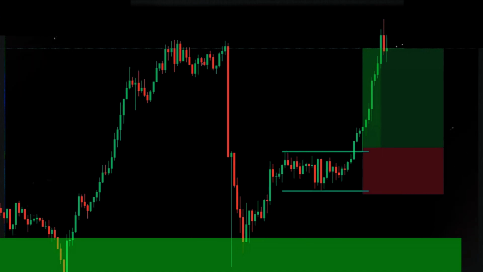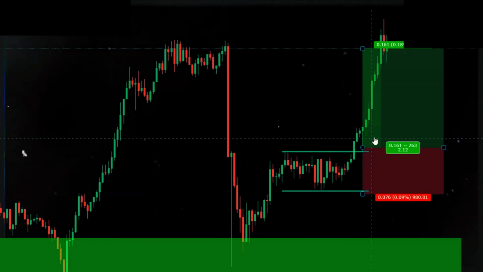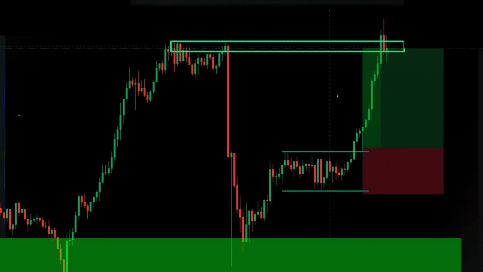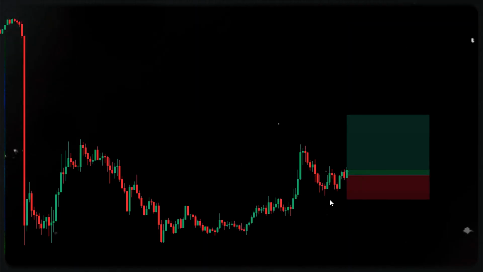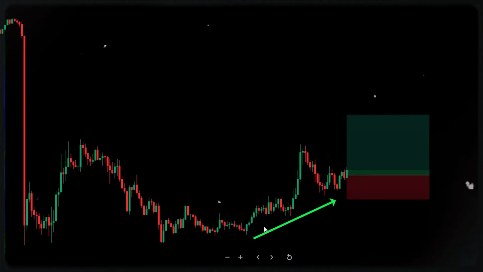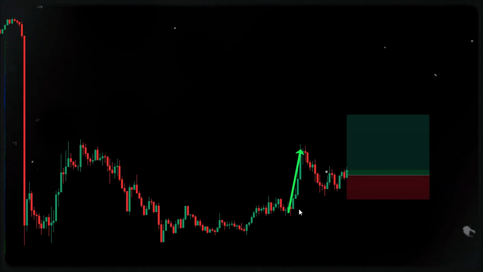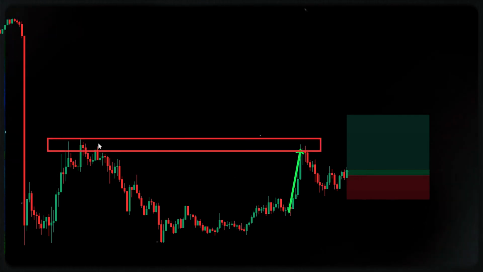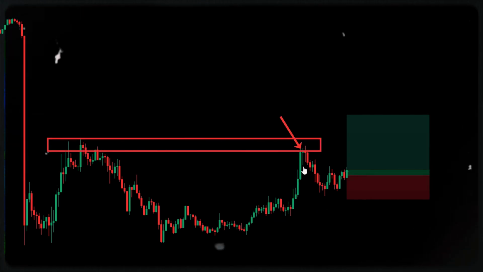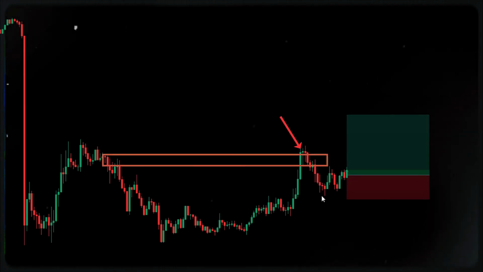One micro lot, 0.01, moves 10 cents per pip. So if your stop is 30 pips and you are risking £100 at an exchange rate close to 1, you need a position size that loses £100 over 30 pips, that is approximately 0.33 lots on gold.